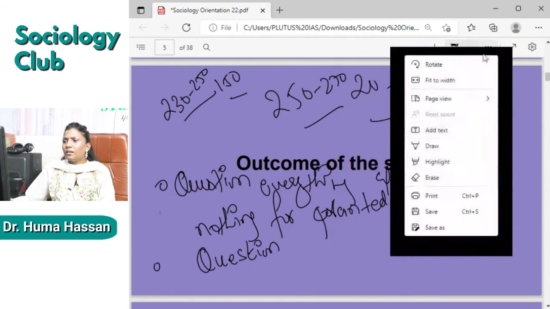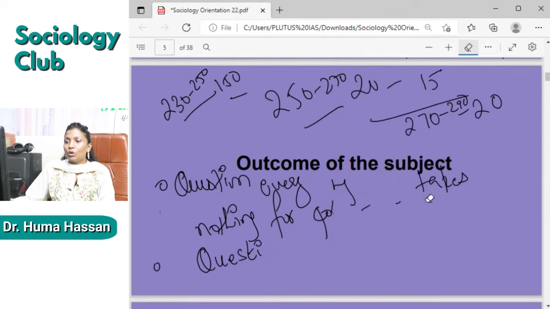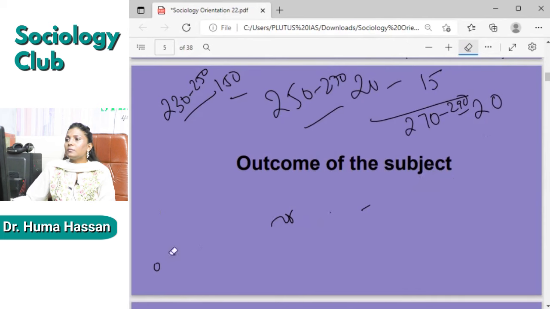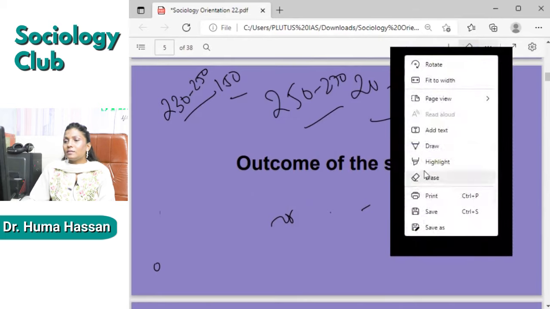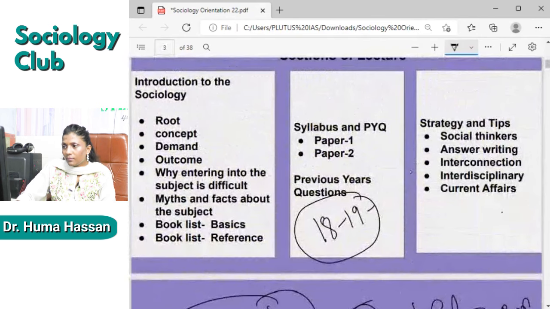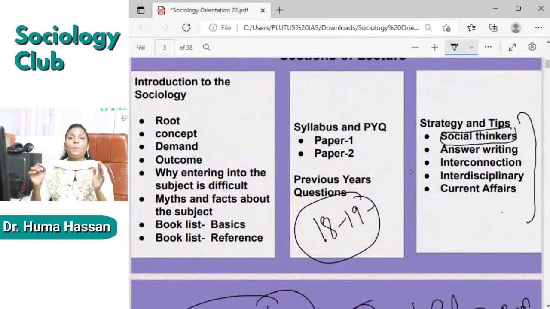You often hear various educators say that in your answer there has to be flow. Let me tell you what flow is. But before that, I'll explain what you have to understand, strategy and tips. Social thinkers are the key in paper 1 and also in paper 2.